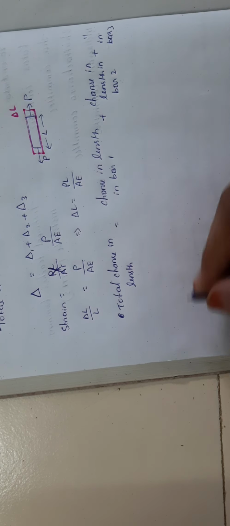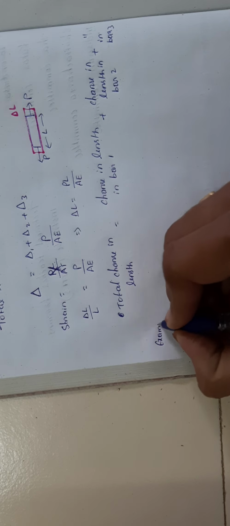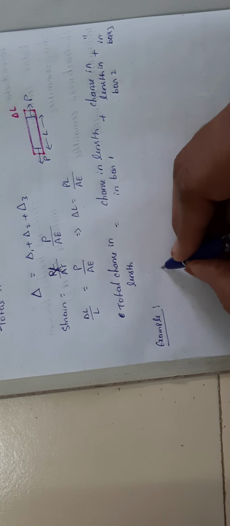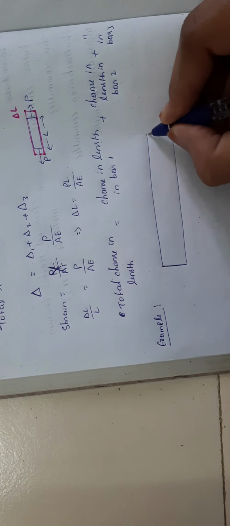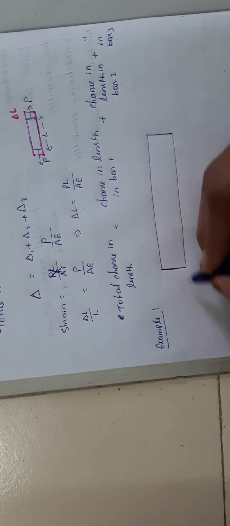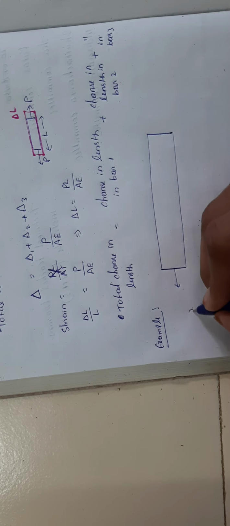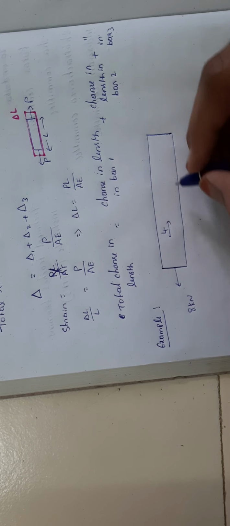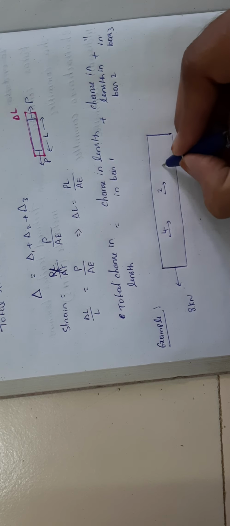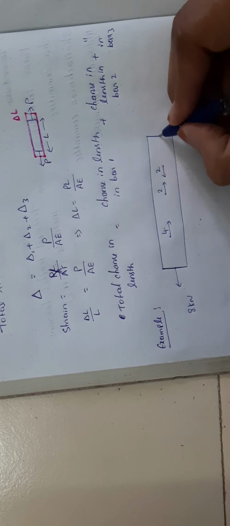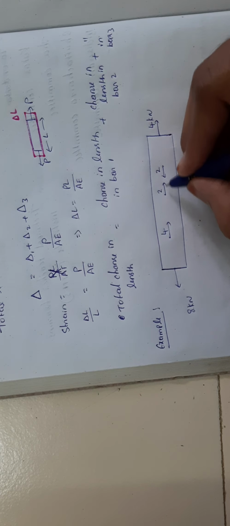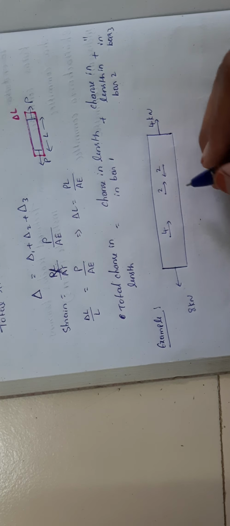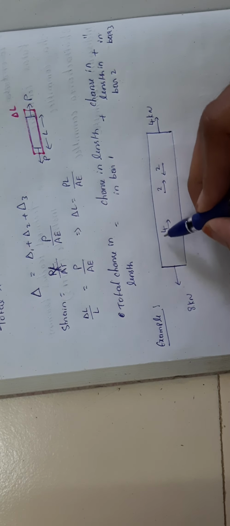Let us take one example problem. So there is a bar. There are different forces acting on this bar: one is 8 kilonewtons, another is 4 kilonewtons, another is 2 kilonewtons, another 2 kilonewtons, and another 4 kilonewtons. These are all kilonewtons. These are the forces acting internally along the bar. Now you divide this bar into different sections.